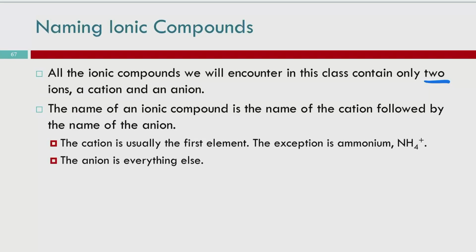So the name in our class, the name of the cation, like iron 2, if we have Fe2+, for example. And if that's combined with chlorine, chloride. So name of the cation followed by name of the anion.